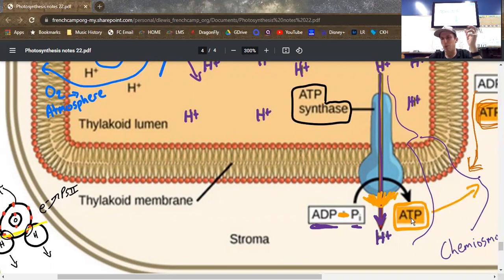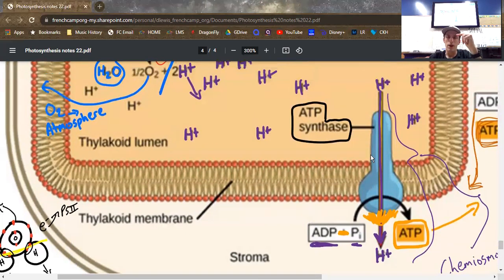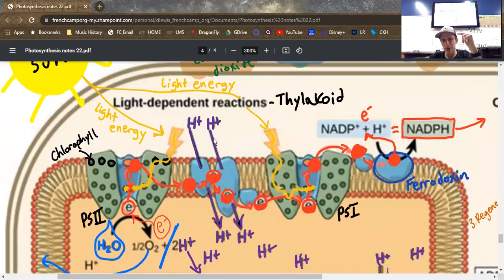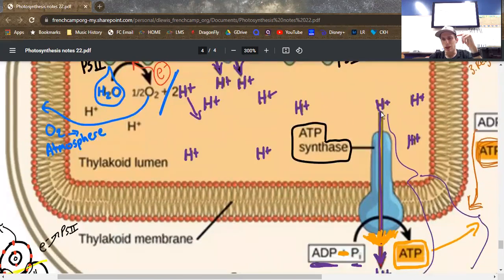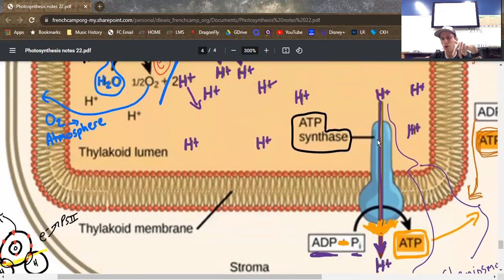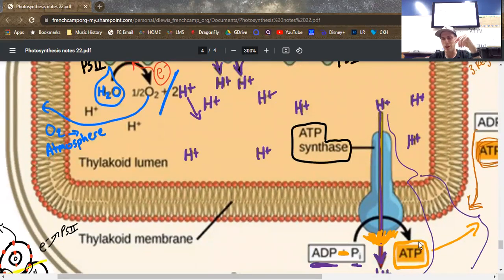And then now it's become ATP again, which is full of energy, and it's going to make its way to the Calvin cycle. And so the whole point of bringing these in is to fill this concentration and then help keep this steady flow moving out, producing lots of ATP, which is energy that the cell can use.